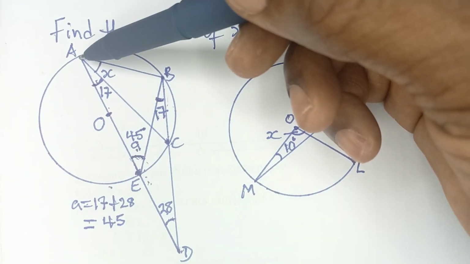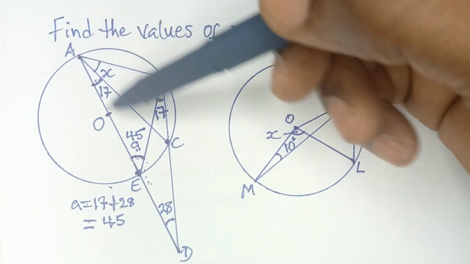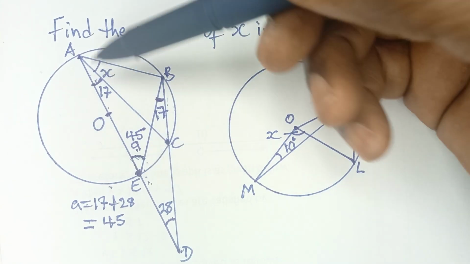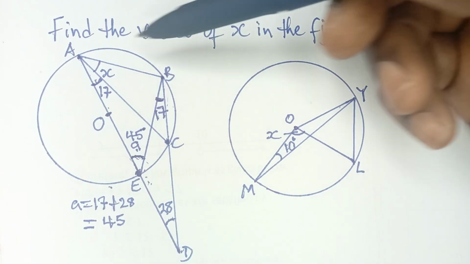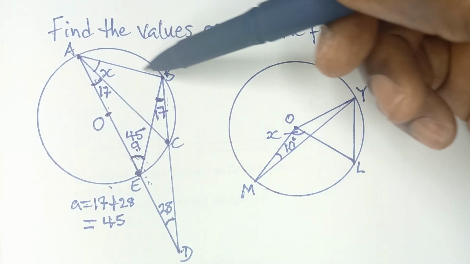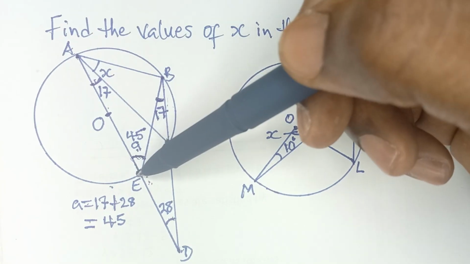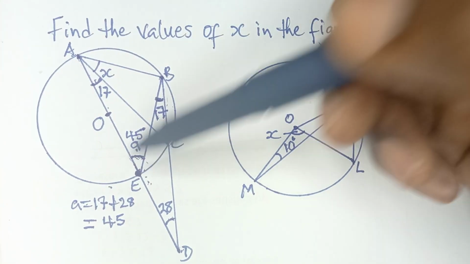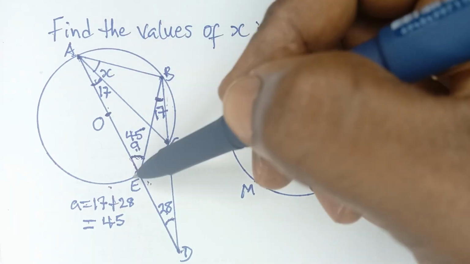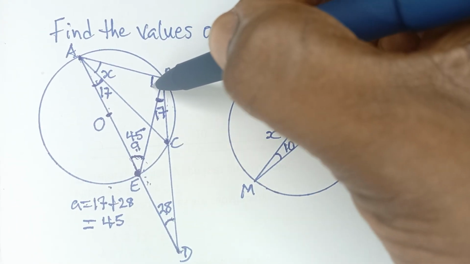Now, don't forget that this line AE is a diameter of the circle. So if you have a diameter of a circle, that diameter forms a right angle in the triangle that it produces. So this diameter AE and this triangle ABE, if you check, this line is the owner of this angle that we have here.